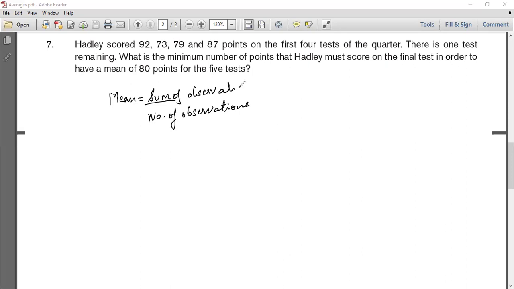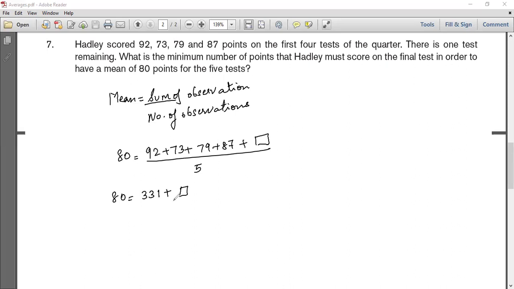Now out of here, they have given us the mean of 80, and they have given us these 4 observations. I don't have the 5th observation, so if we solve it further, we add all of these, so we get 331 plus the 5th observation over 5.